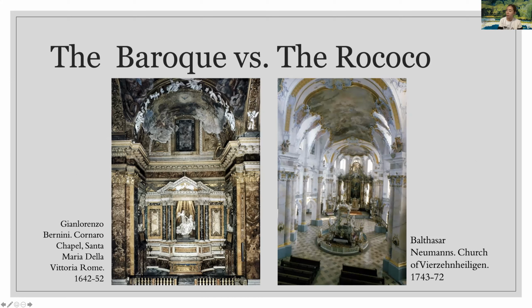Can you find the differences? The brightness, oh, yeah. What else? Very good.